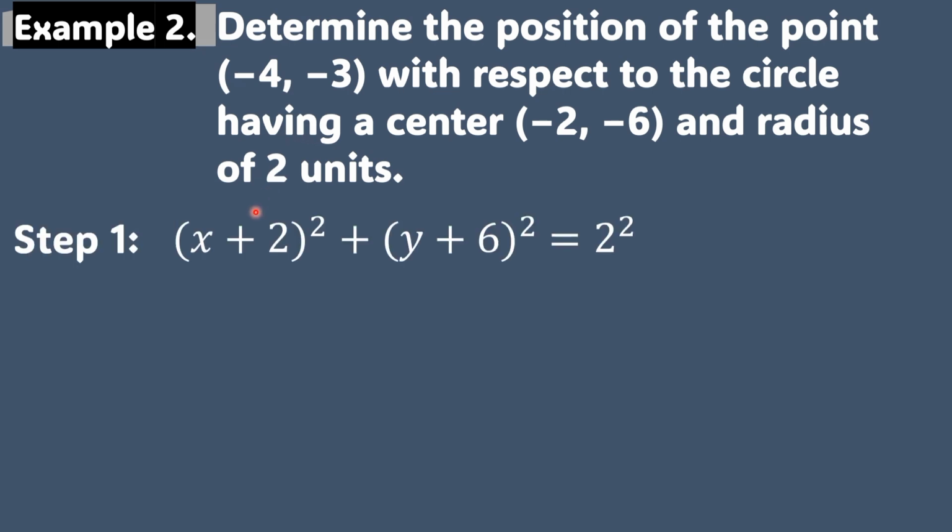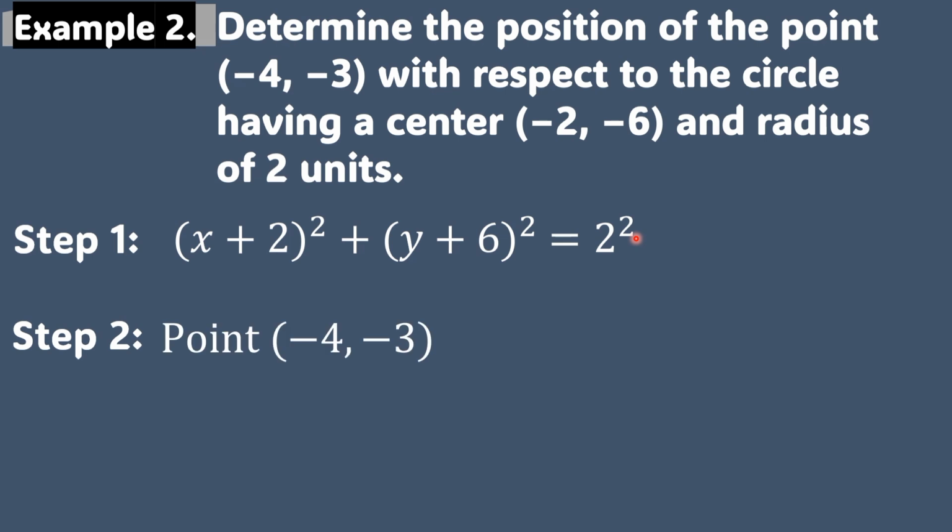Then the equation of the circle in step 1 is the square of the quantity of x plus 2 plus the square of y plus 6 is equal to 2 squared or 4.